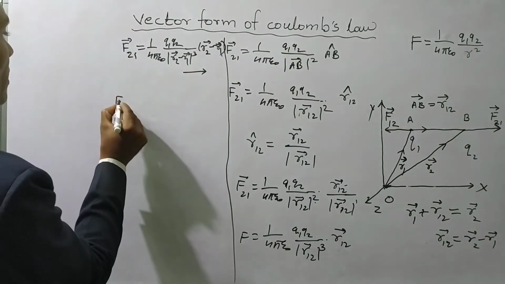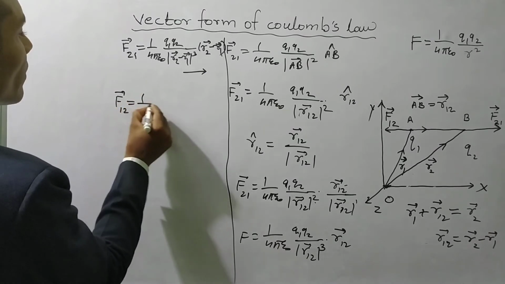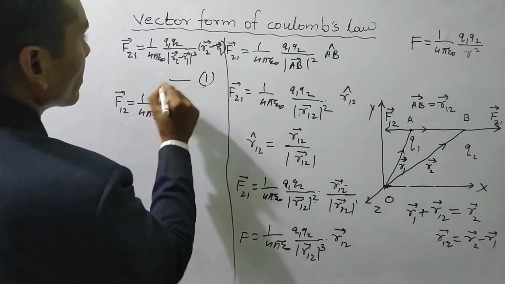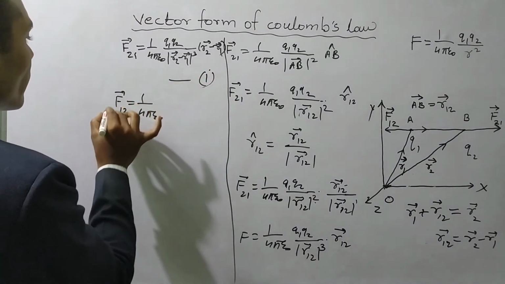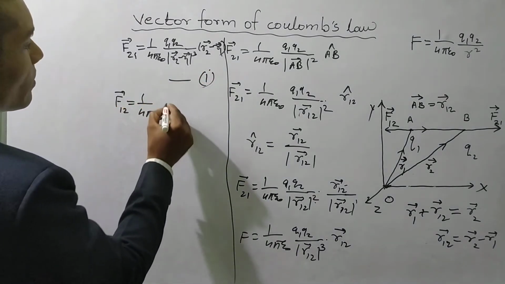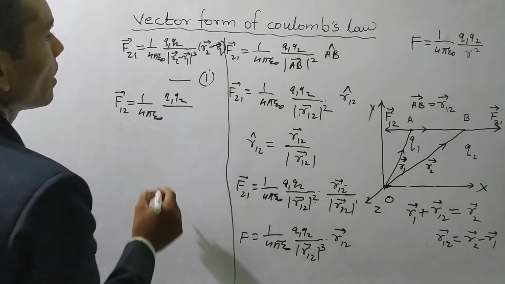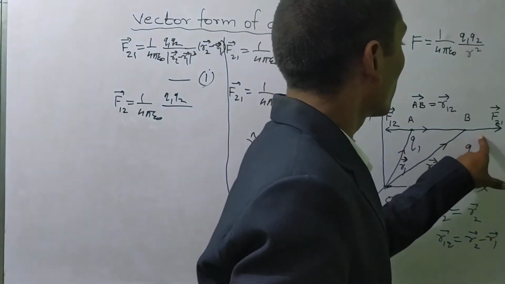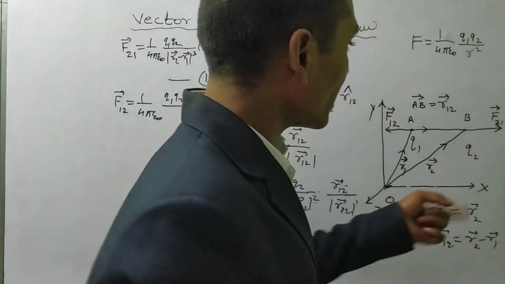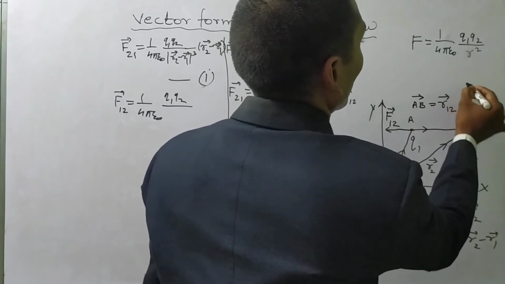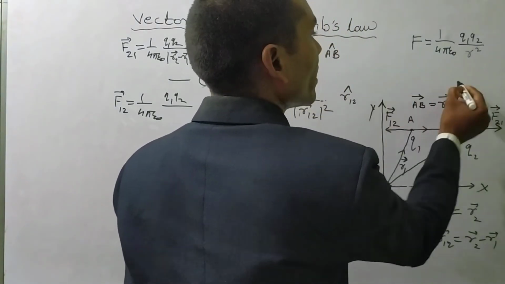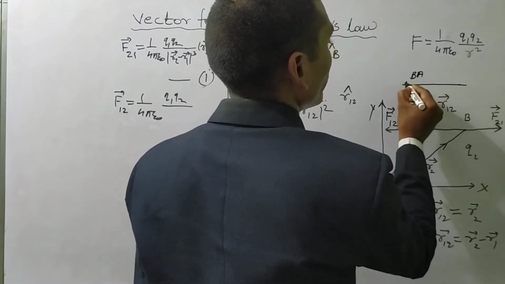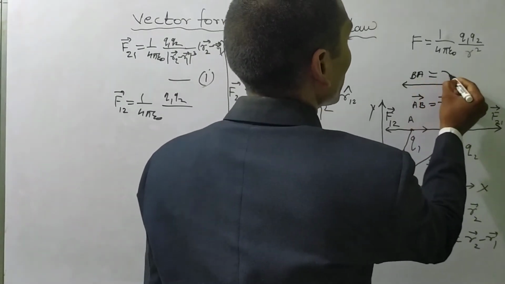So the force vector F12 will be 1 upon 4 pi epsilon naught, Q1 Q2 upon the distance of Q1 from Q2. It will be BA, because this distance is measured from B to A, in the direction B to A.